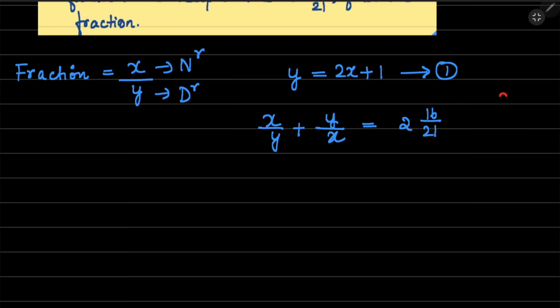So 2 into 21 is, what is 2 into 21? 42. Plus 16 is 58. So the answer here would be 58 by 21. Okay, this is 58 by 21. So this is your equation number 2.